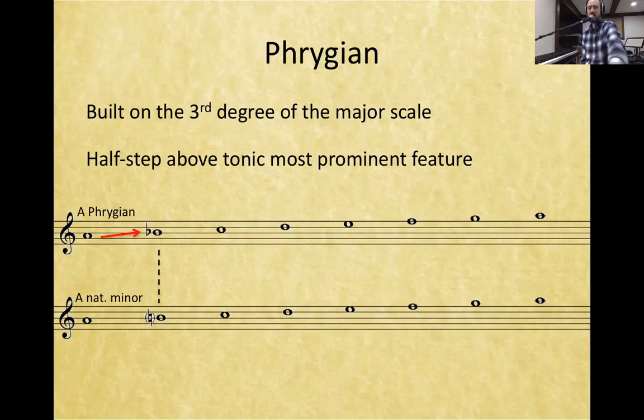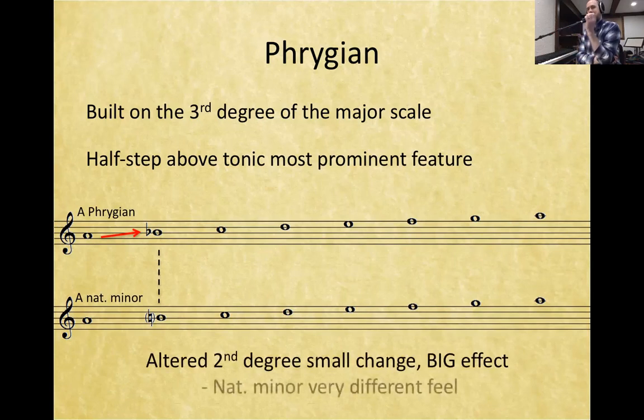Really, really amazing. And I think Phrygian has this amazing window into what we're talking about with this idea of the color tone, which is that just one tiny half-step change can make such a world of difference.